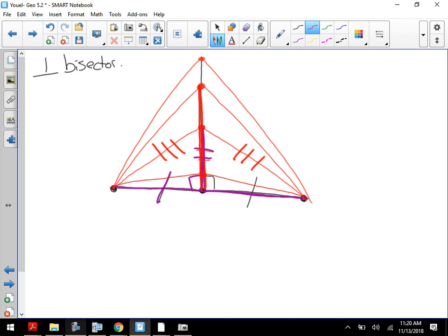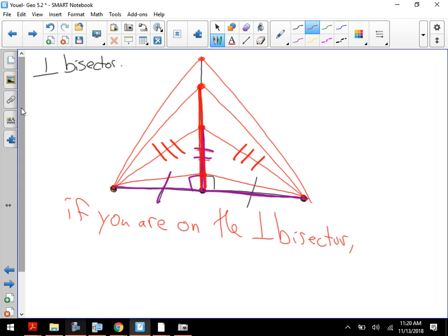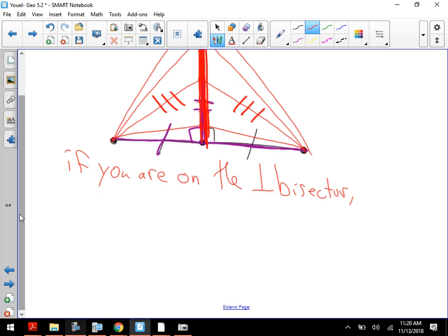So what this gets us to is this idea that if you are on the perpendicular bisector, that's this part here, if you're on the perpendicular bisector, you are equidistant to the endpoints of the segment.